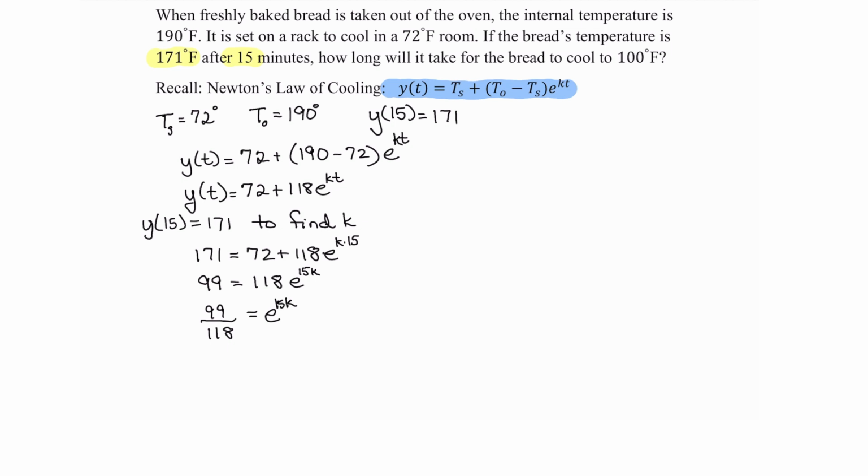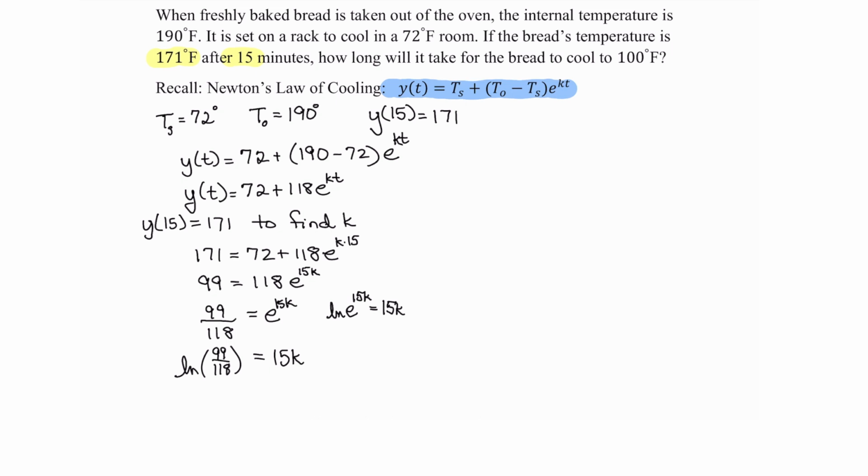And then our variable k is caught up in the exponent, so we're going to take the log of both sides, and it's base e, so we're going to take the natural log of both sides. So I have the natural log of 99 over 118 is equal to, and then recall that the natural log of e to the 15k is just the 15k, from properties of the natural log: exponentials with the same base are inverse functions, and so when you compose the two you just get the original input.